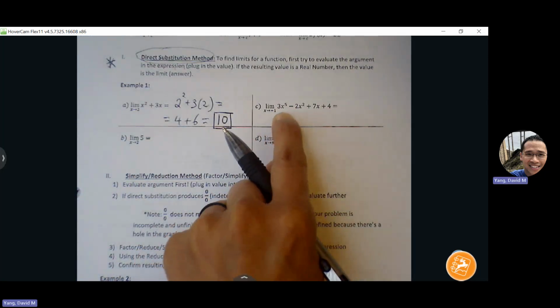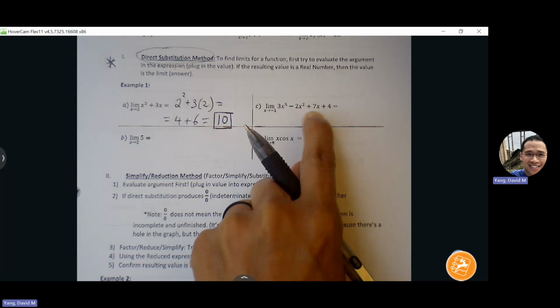Limit as x approaches 1 of our expression 3x to the fifth power minus 2x squared plus 7x plus 4.